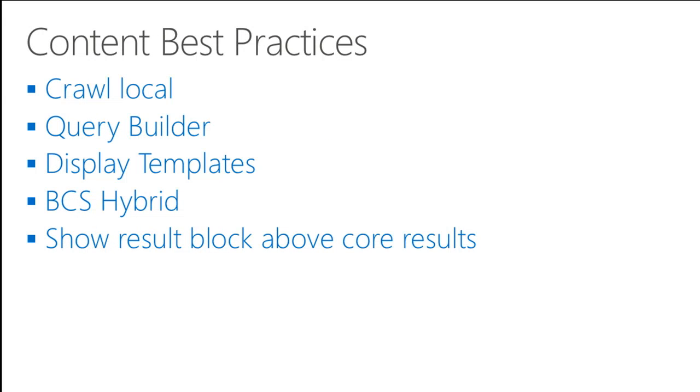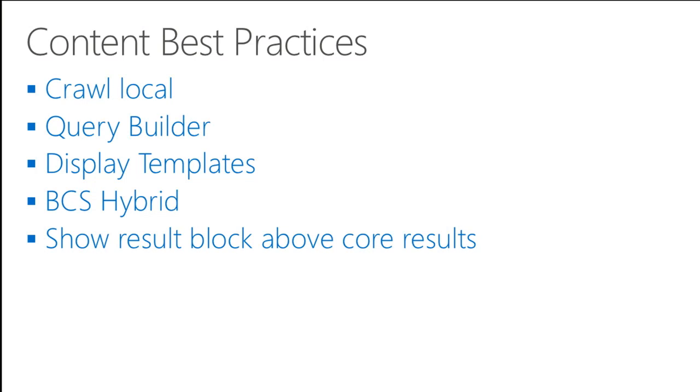Okay, we'll talk briefly about content best practices. The first point, crawl local. This applies to the content. Be aware that wherever your content resides, that's where the crawl happens. If your content is online, then the online crawler will only crawl that content. Likewise, if your content is on premises, then the crawler can only crawl where the content is of that farm.